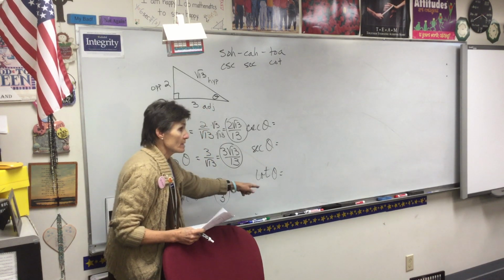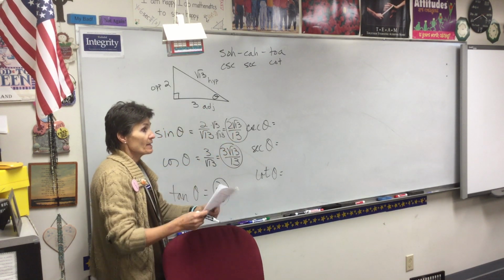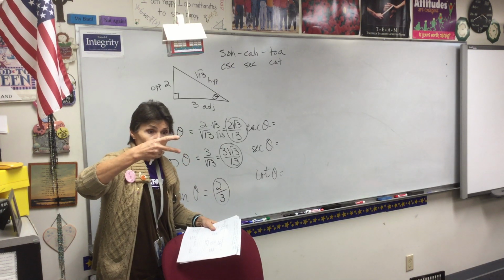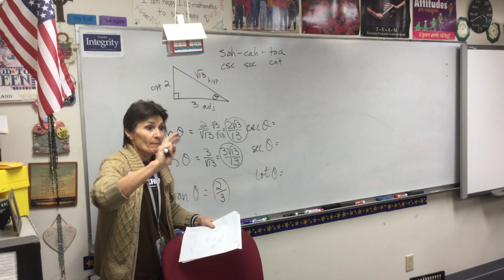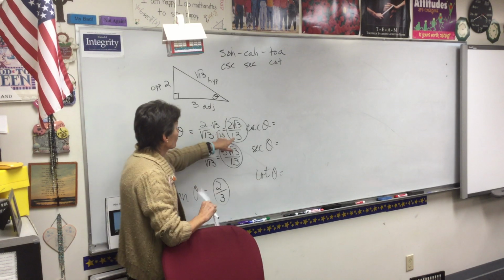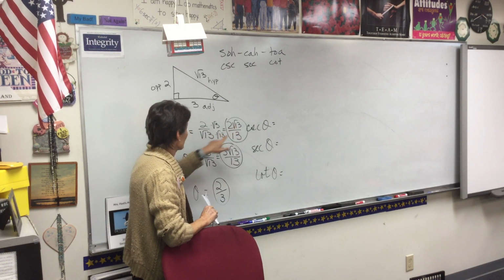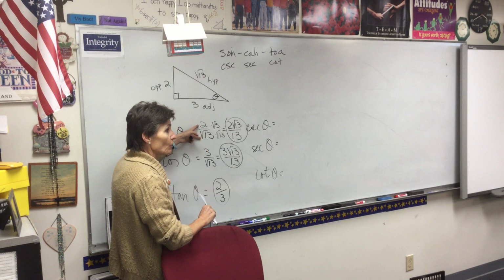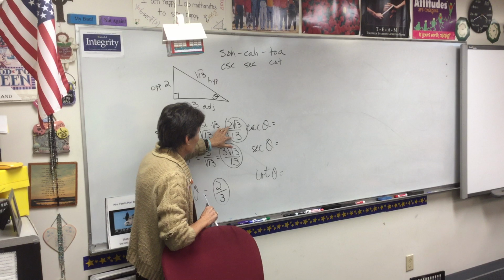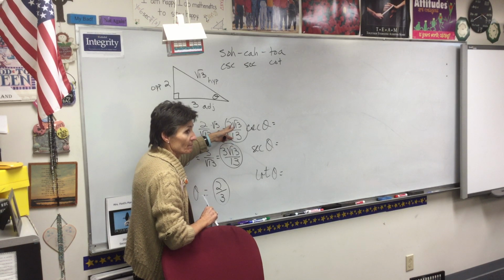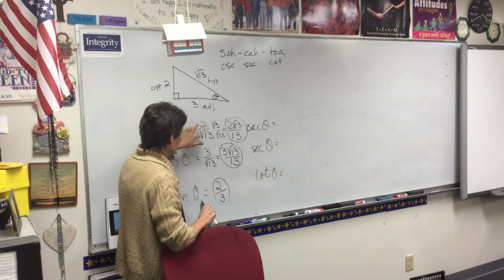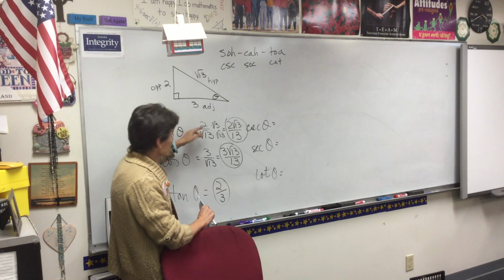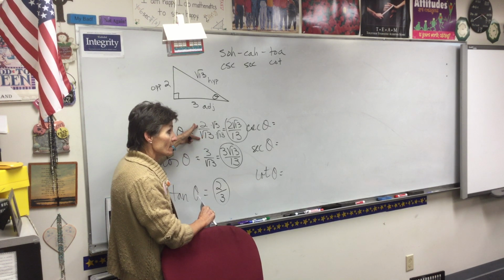Now those 3 are even easier because they are just the reciprocals, right? Let me give you a little hint though. Don't reciprocal this, reciprocal this. Because if you flip this over, where will the radical be? On top. If you flip this over, where will the radical be? Bad news. So let's flip this version so the radical is on the top.